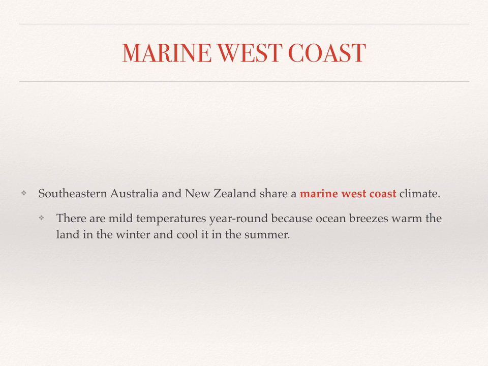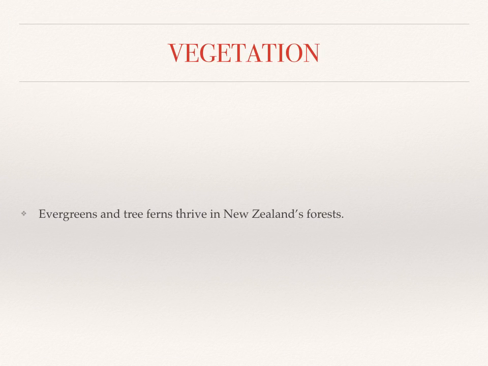There are mild temperatures year-round because the ocean breezes warm the land in the winter and cool it in the summer. Vegetation: evergreens and tree ferns thrive in New Zealand's forests.